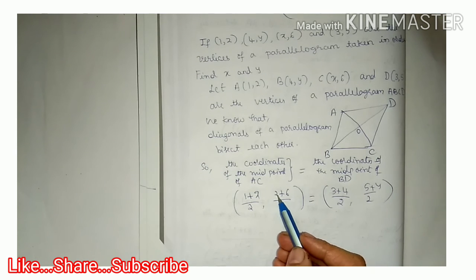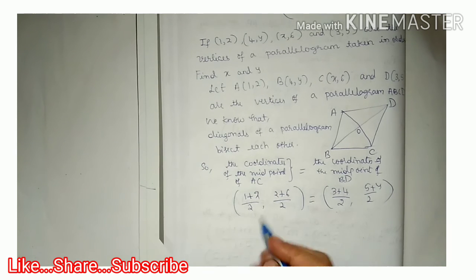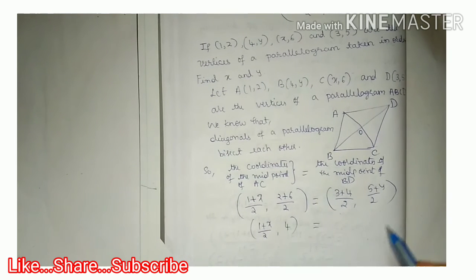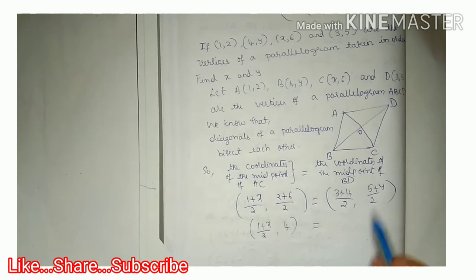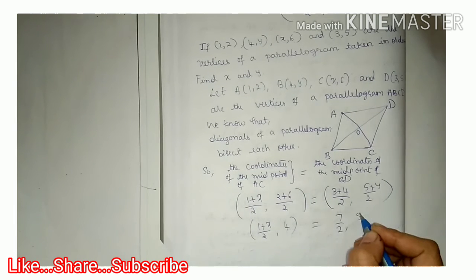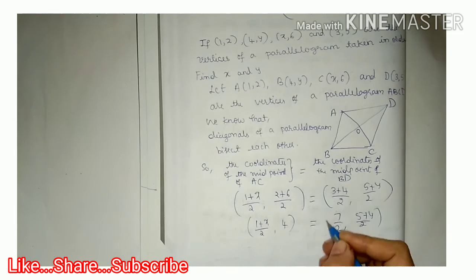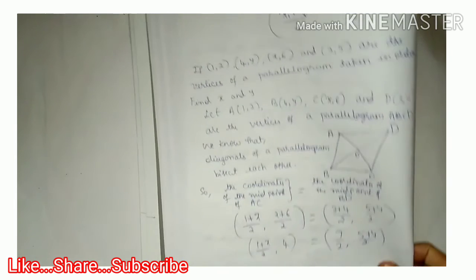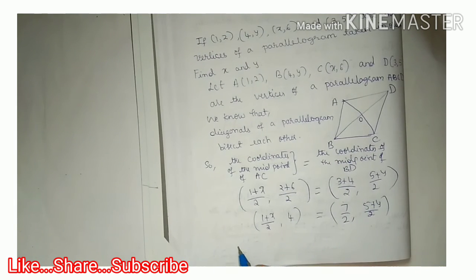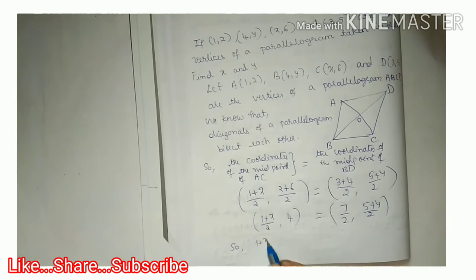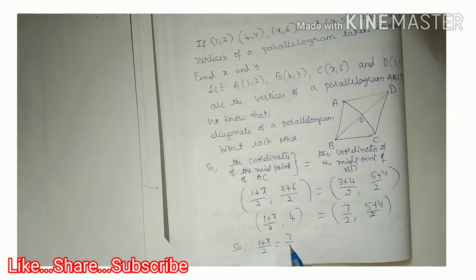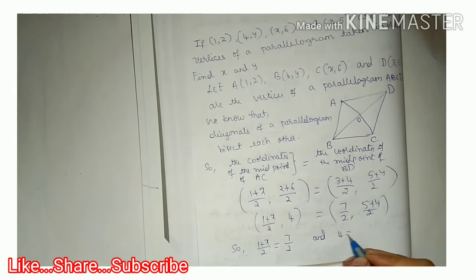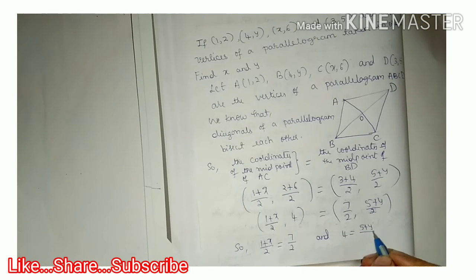Here, for AC, (1 plus x)/2, (2 plus 6)/2 is 8 by 2, 4. For BD, (4 plus 3)/2 is 7 by 2, (5 plus y)/2.